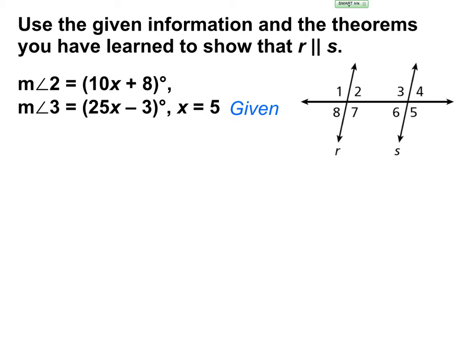Write that down, Ryan? Now, when you're doing calculations with equals, it is measure of. So put a 5 in, and what's measure of angle 2? Calculate to be 58.